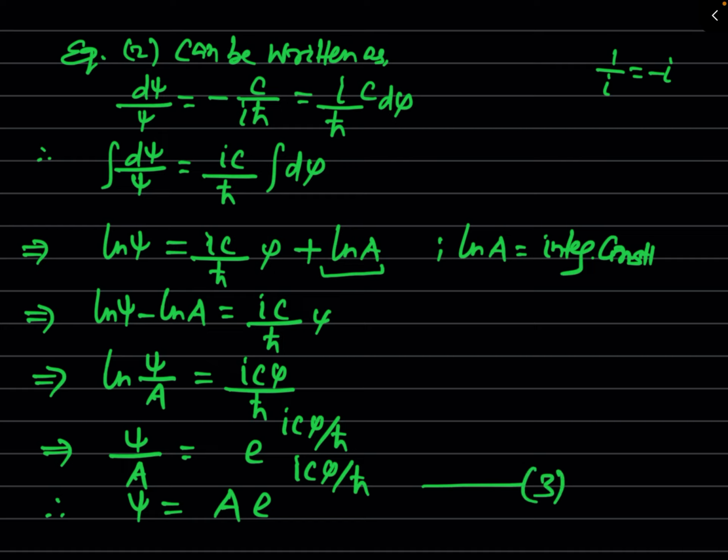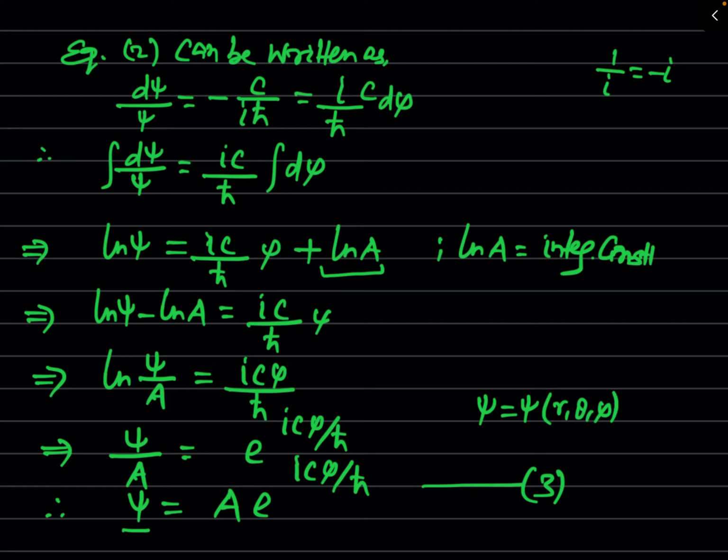Now you can see here that we have treated r and theta as constant in solving this differential equation, but psi is a function of r, theta and phi, because psi is equal to psi of r, theta, phi.